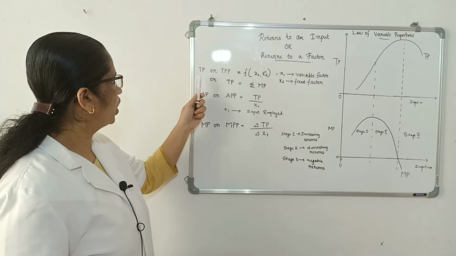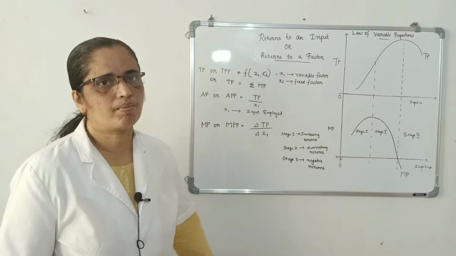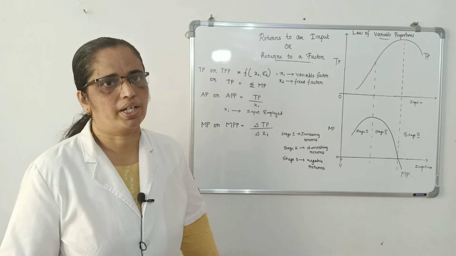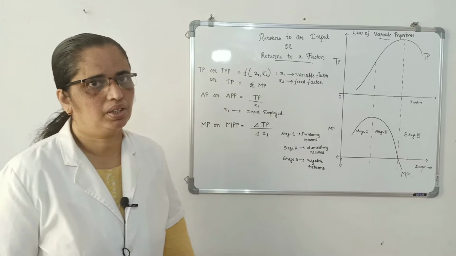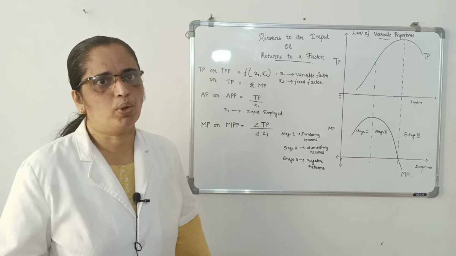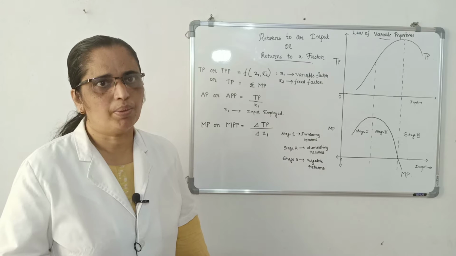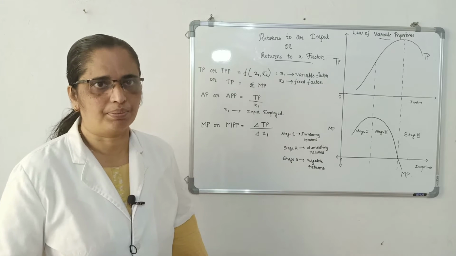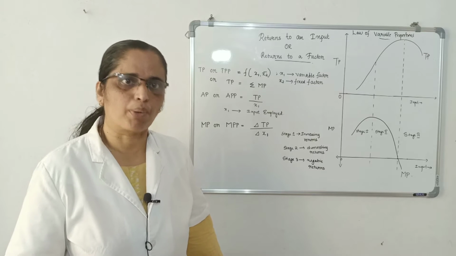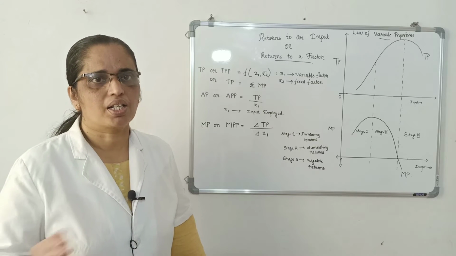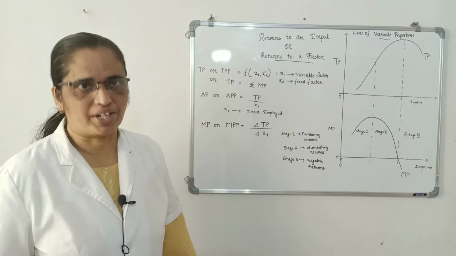Firstly, total product or total physical product. It's also known as total returns to an input. Returns to an input or returns to a factor means the output from an input employed. Okay? Here we are studying about short run production. That is, some inputs are variable, some others are fixed.